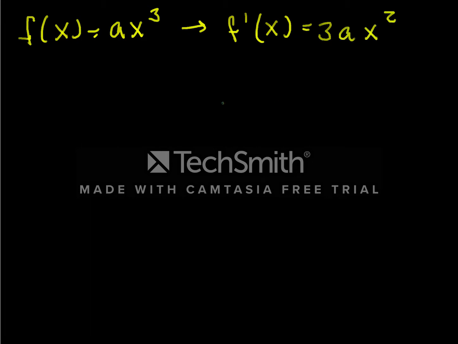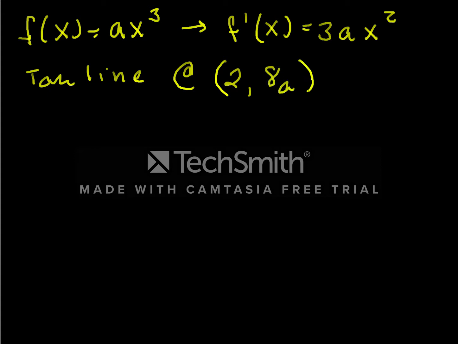And so if we want to know what is the tangent line at the point, let's say, I don't know, at the point 2, and if x is 2, then y is going to be 8a.